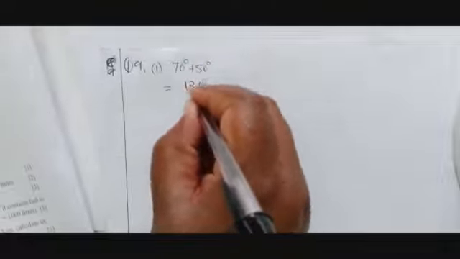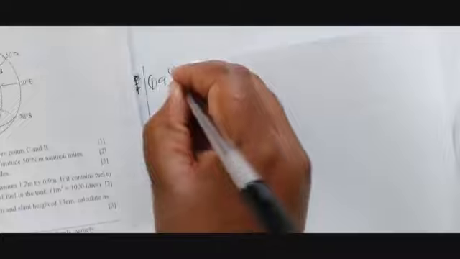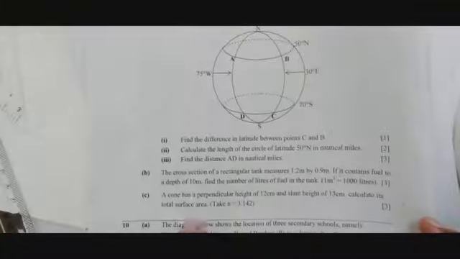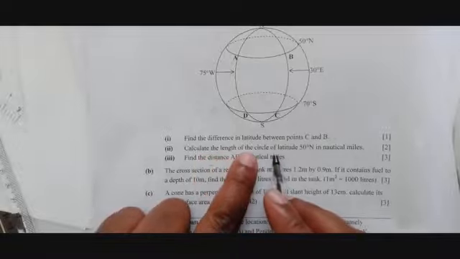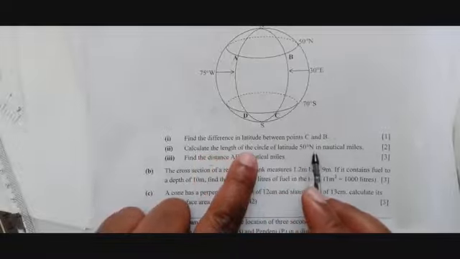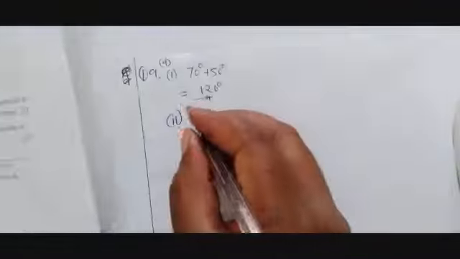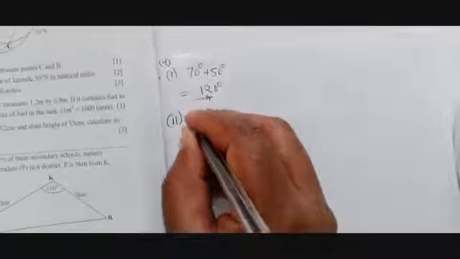All right. Then we go to Roman numeral 2. Take note, this is the A. Calculate the length of the circle of latitude 50 degrees north in nautical miles. Okay, so we are going to say the length of the circle of latitude, that is the circumference.